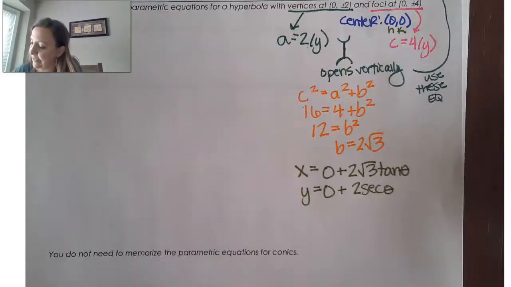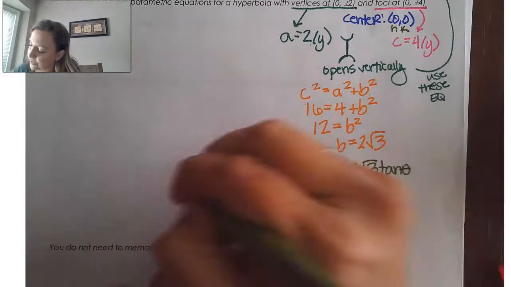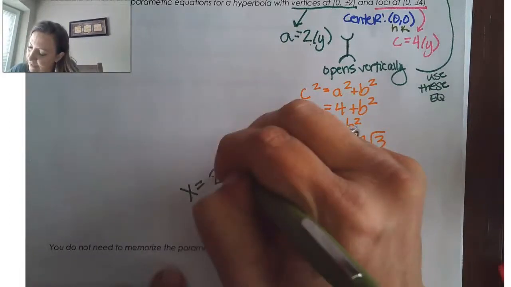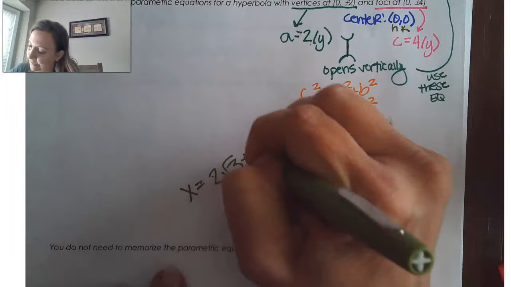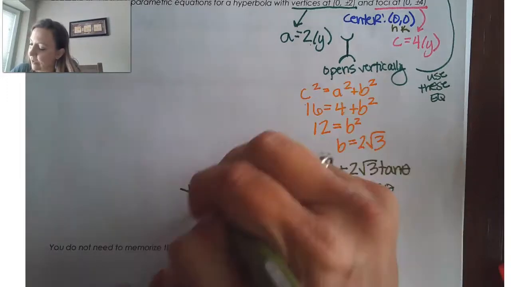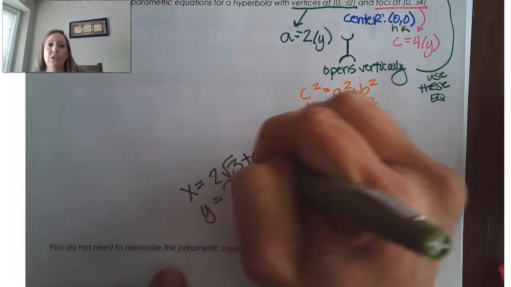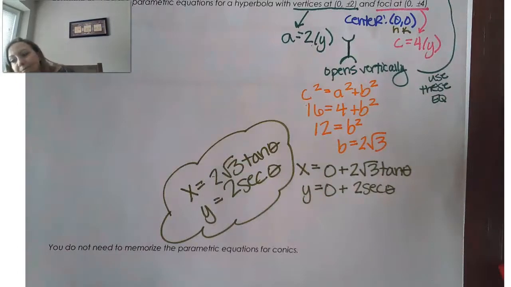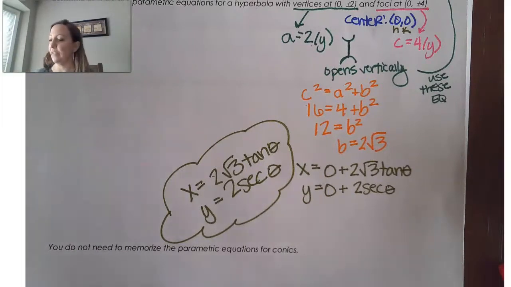So I would just write this as x equals 2 root 3 tangent theta and y equals 2 secant theta. Okay. So again, you won't have to derive the parametric equations. They'll give you that information based on what you do when you write the rectangular equation. So you can work backwards from there.